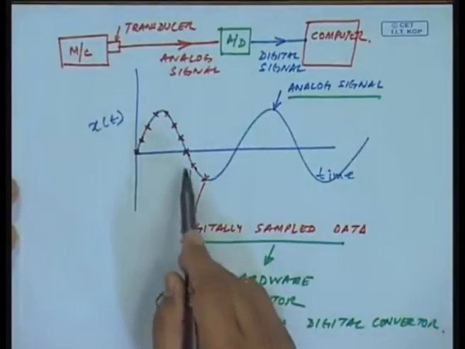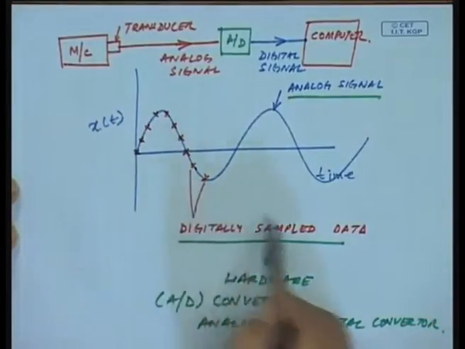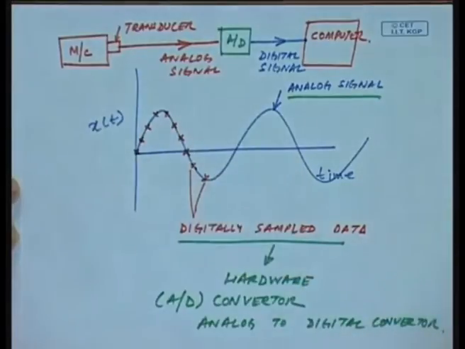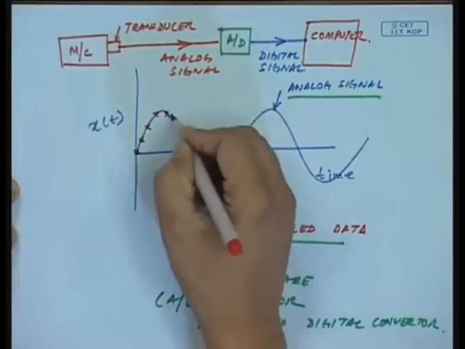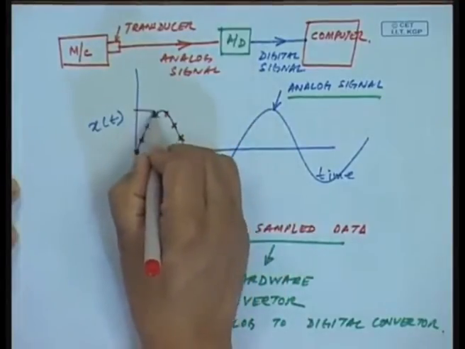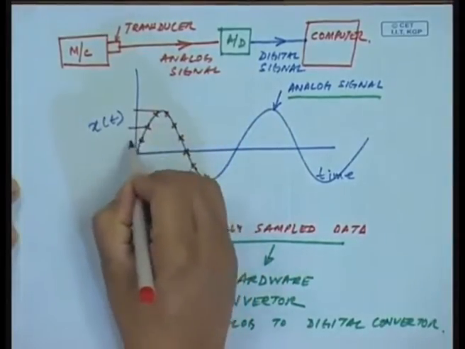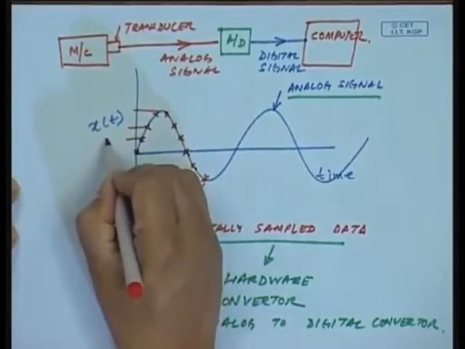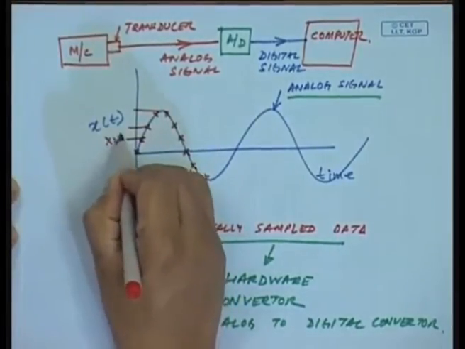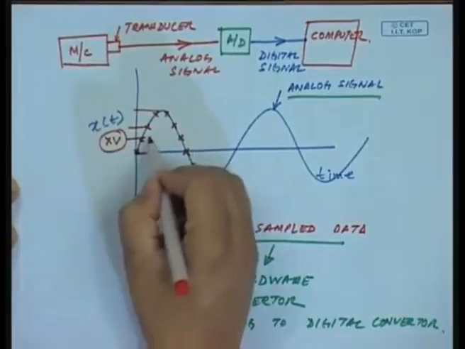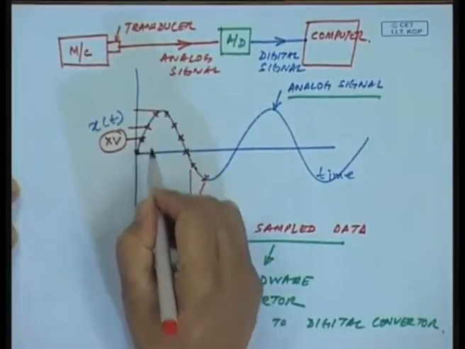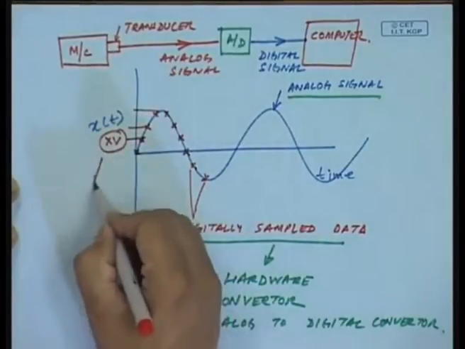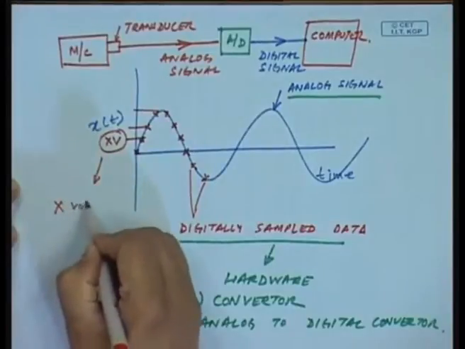One you will realize is the sampled data, and the rate at which I am sampling the data. Another is what kind of values I am giving to this data. Suppose this was, say, x volts in the analog signal. I want this data in the digital also to correspond to x volts.